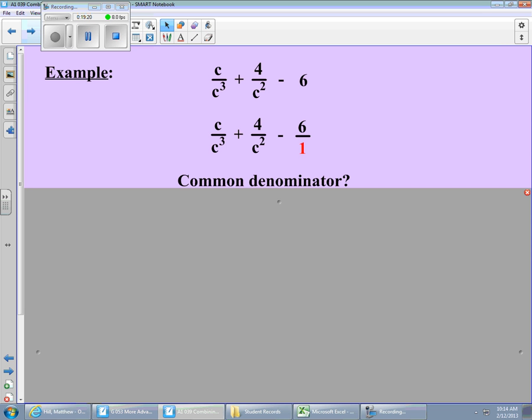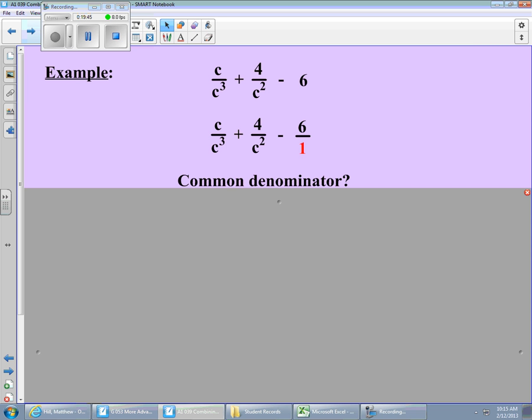Okay, so here I've got a c cubed. Can I make this c squared become a c cubed? Do we know a way that we could knock that exponent up 1? How about the first law of exponents? If I were to multiply this denominator by another c, what would happen? We'd kick it up to c cubed, wouldn't it?